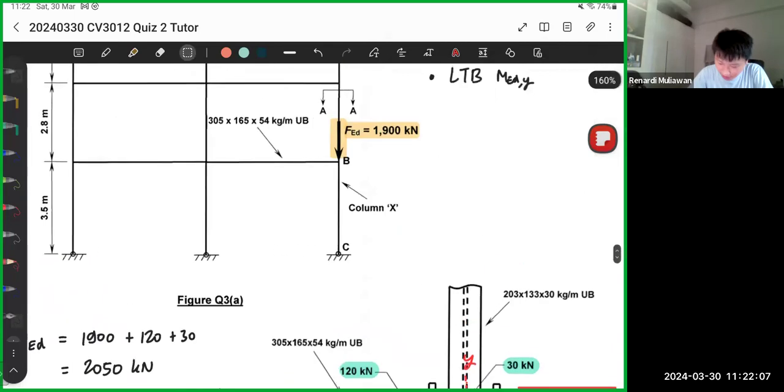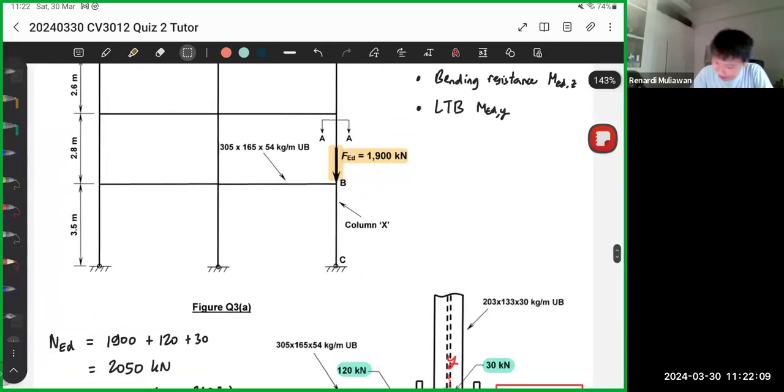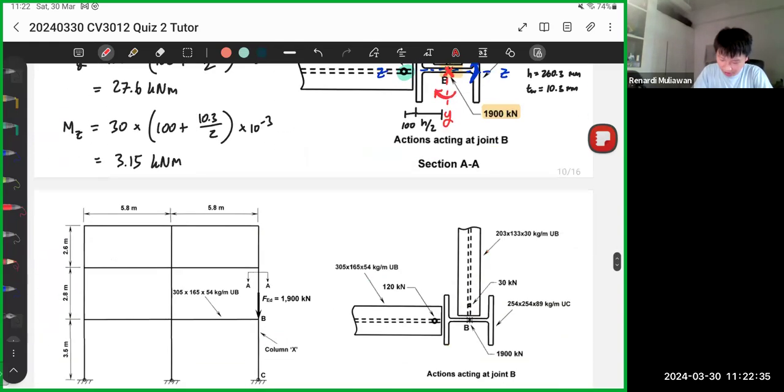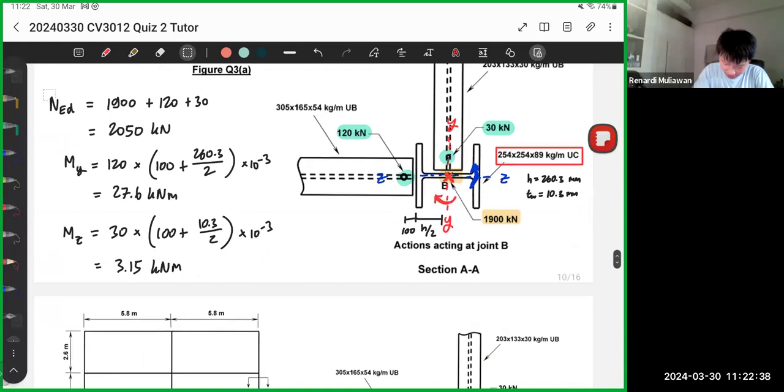Okay, so remember we have the distribution, right? So we are checking column X. We're checking this column. If you notice, the length is 3.5. This column, the length is 2.8. Okay, so we need to find the ratio of stiffness.